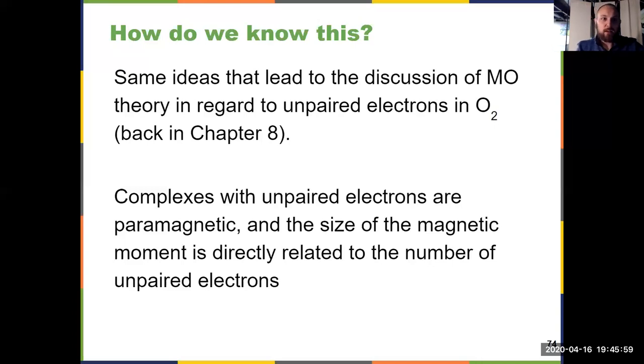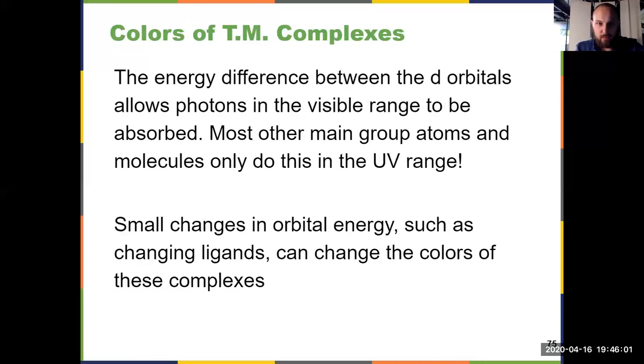So we finished the chapter thinking about colors of these things. And we alluded to this in the first video. Transition metal complexes, coordination compounds, are often colored. Because those d orbitals are so close together in energy, we just said they're split, either delta OCT or delta TET. Okay. But the energy difference between them is small compared to other electron transitions.